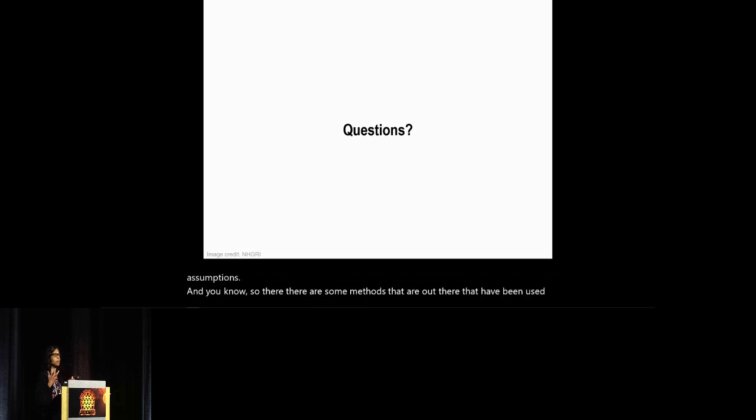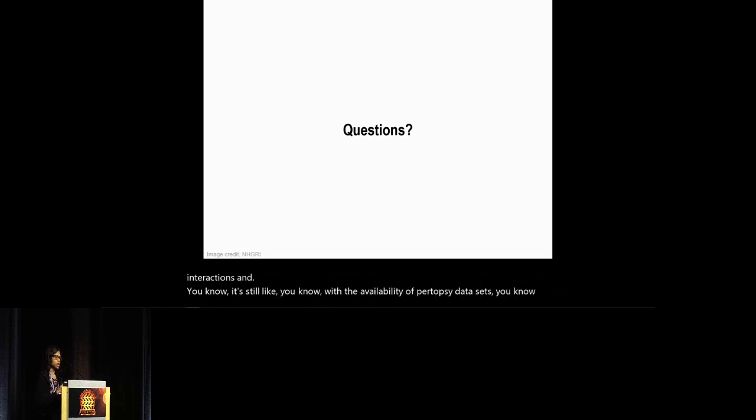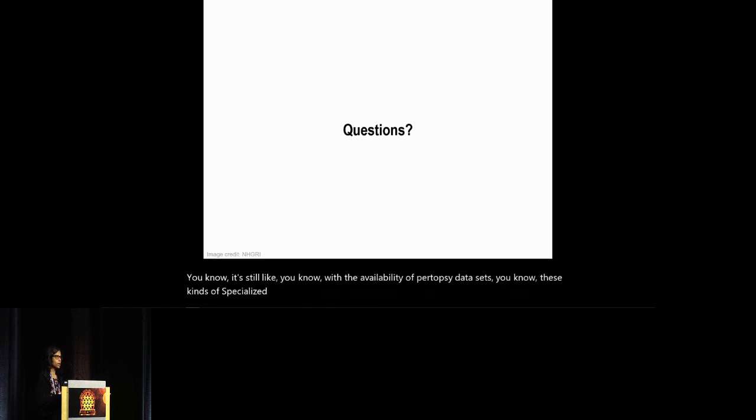There are some classical methods available that you could use to find causal interactions. With the availability of Perturb-seq data sets, these more formal methods that actually think about a graph and a model are going to be very, very useful. I will not use Pearson's correlation, even though it's reasonable and fast.